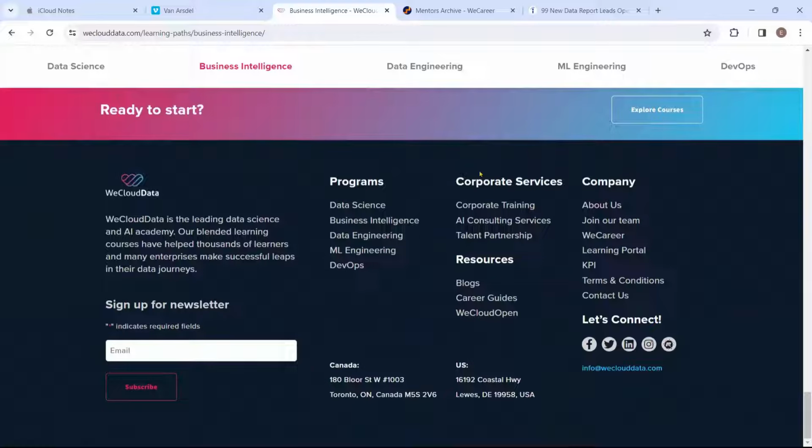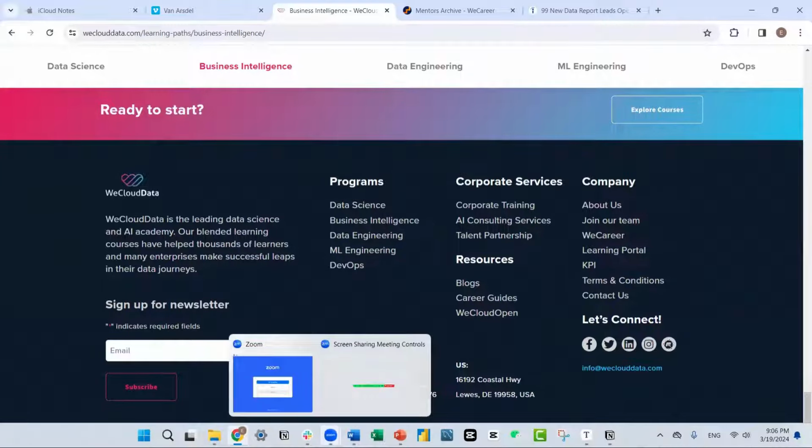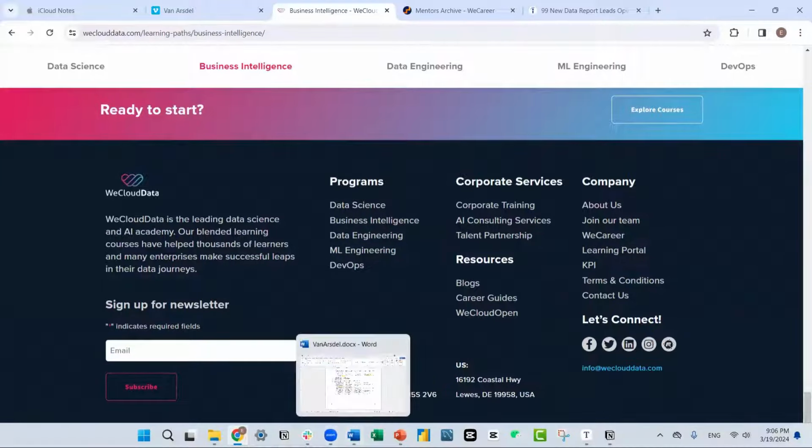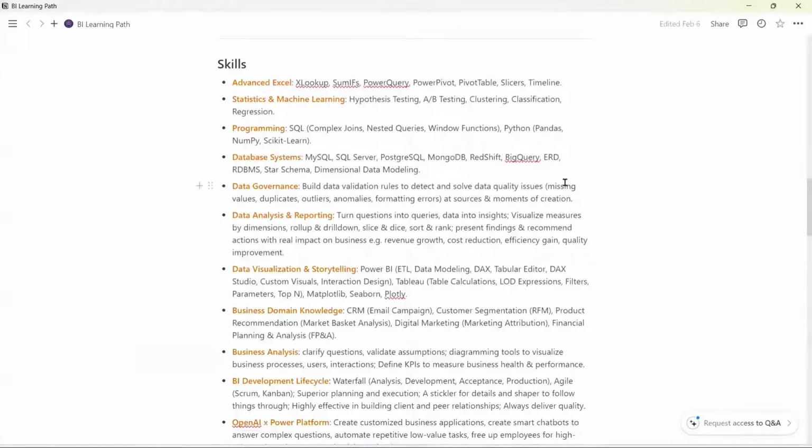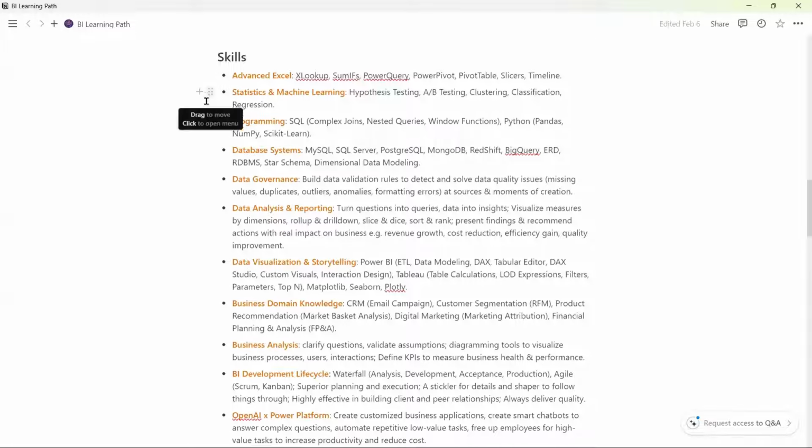And with that, I want to show you, okay, these are the typical writing blocks I would recommend that DA and BI analysts should include on your resume.